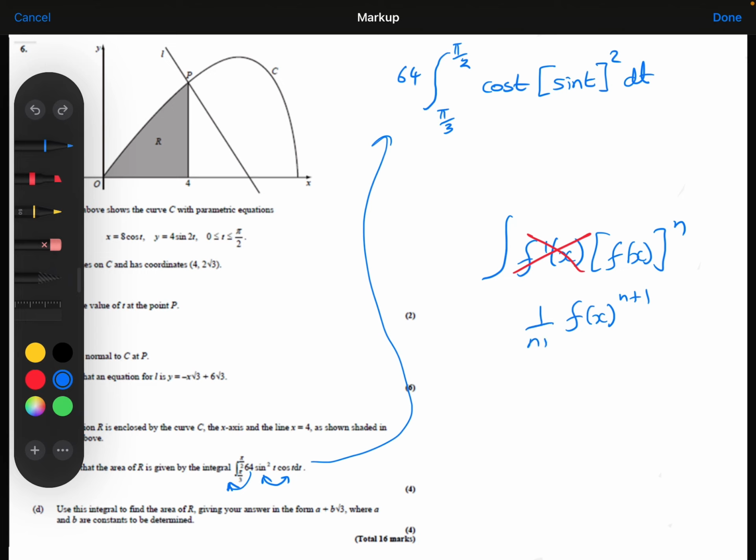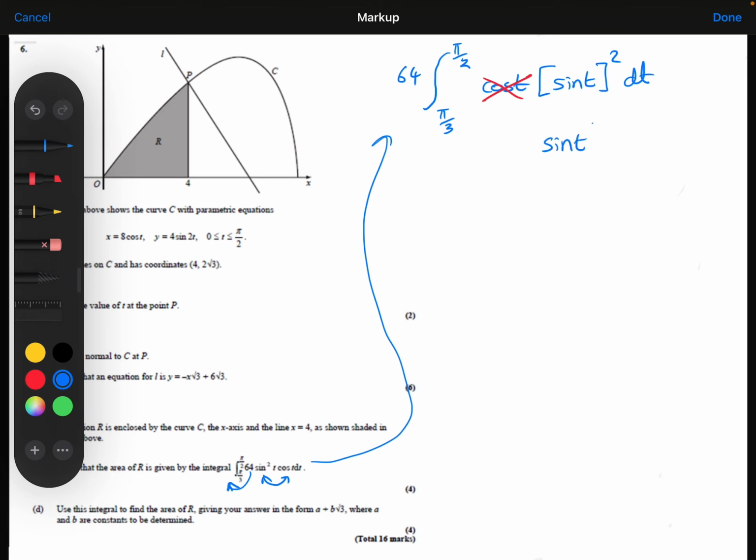And that's exactly what we're going to do here, because I noticed that we've got a sine t on the inside there. And I know that sine differentiates to give cos. So I can ignore the cos completely. I can then add 1 to the power, divide by the new power. So that's been integrated.